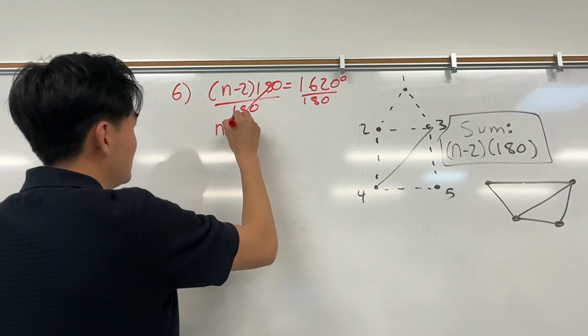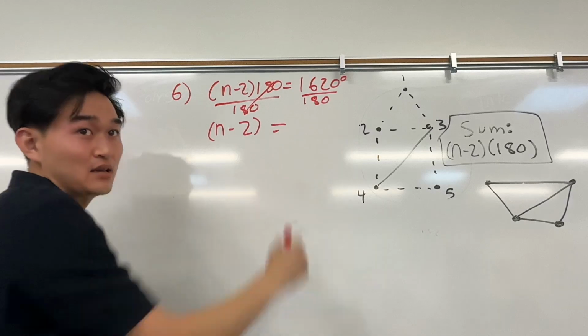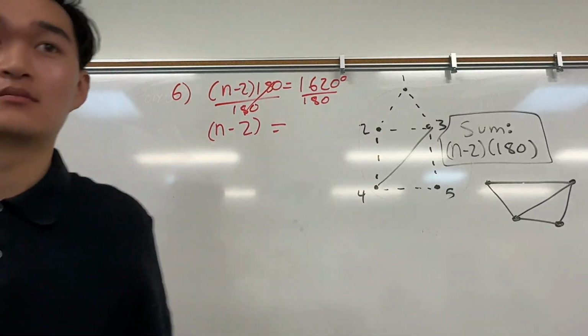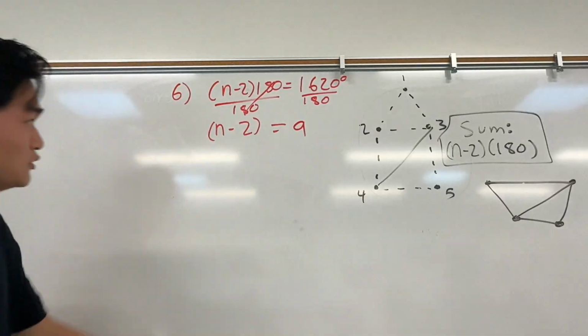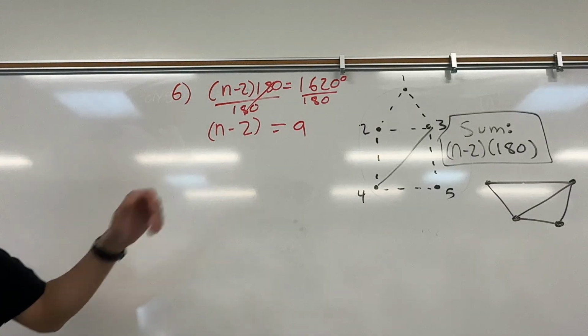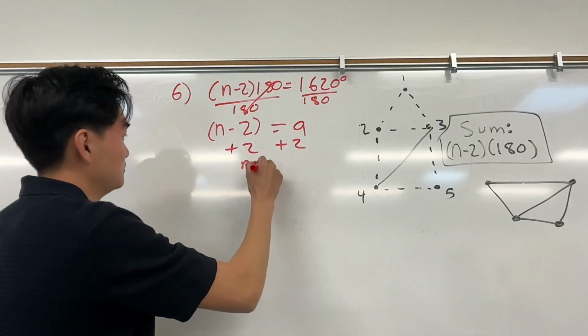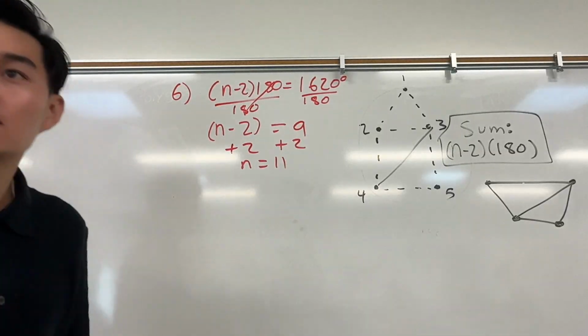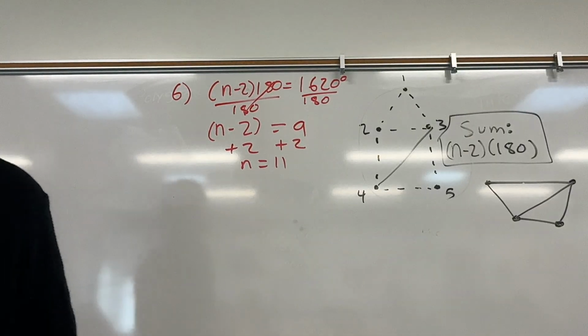And then n minus 2 equals that. I don't know what that is. I can't do mental math. It's 9. It's 9? Yeah. And then what do we do here? Add 2, right. So n equals 11. Very good. So how many sides are there if the sum is 1620? 11. There you go. Now you know.